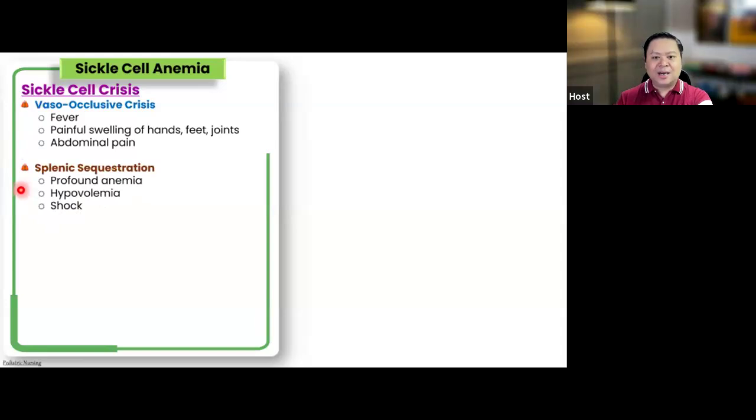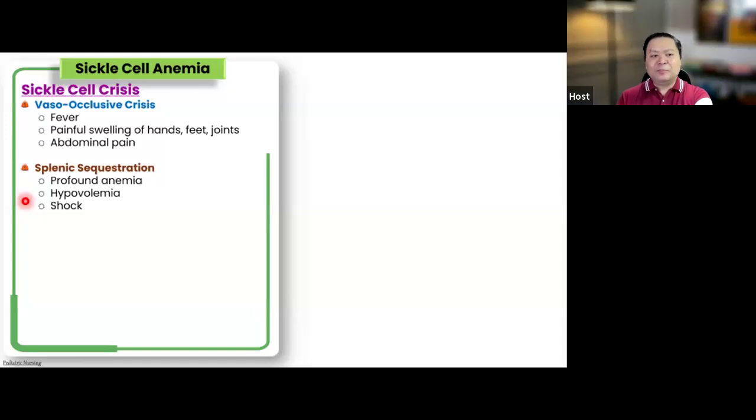The patient here will end up with hypovolemia. Now, the person can go into shock. This is going to be life-threatening. We really need to place this patient on a critical watch. Make sure that we are treating the hypovolemia with transfusion and IV fluids.